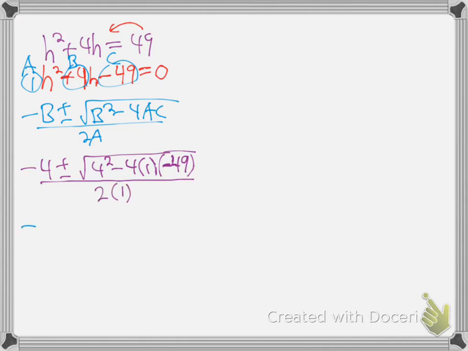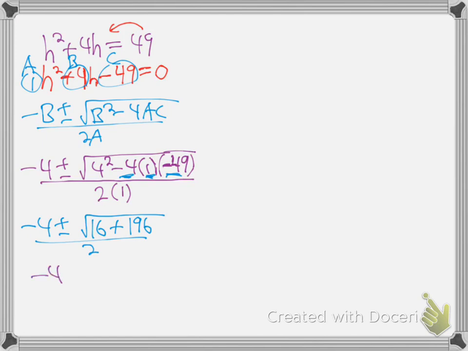And what do we got? Negative 4 plus or minus square root of, what's that, 16. Negative times positive times negative, 2 negatives is positive. What's 4 times 49? 196. All over 2.